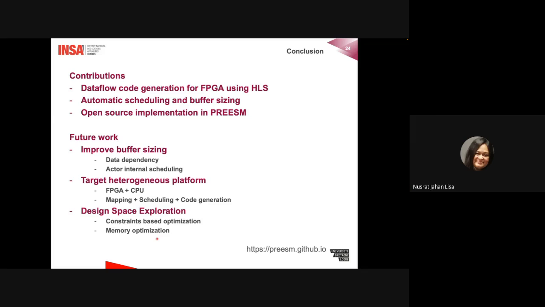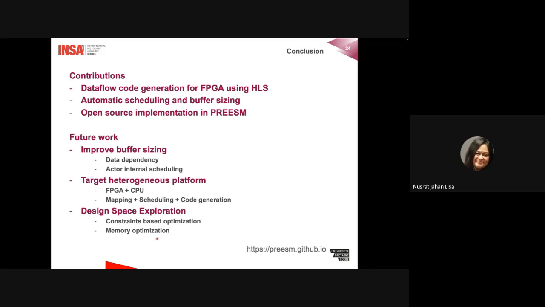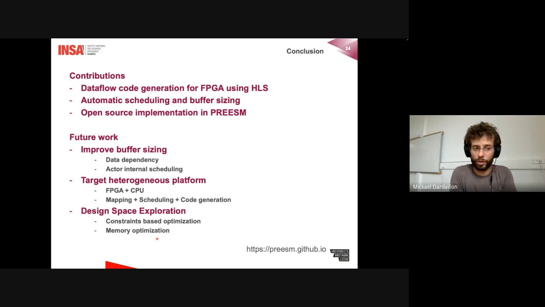Hi, Mickaël. Thank you for your presentation. First of all, one thing I want to know for your experiment purpose, which type of FPGA are you using right now? Right now we are using a Zynq FPGA. So that would be Zynq UltraScale Plus? Zynq UltraScale Plus?